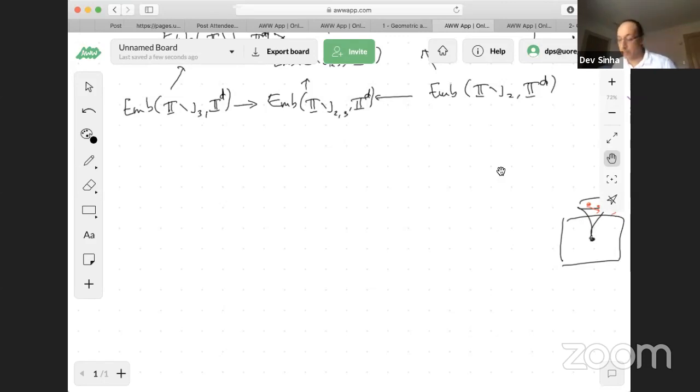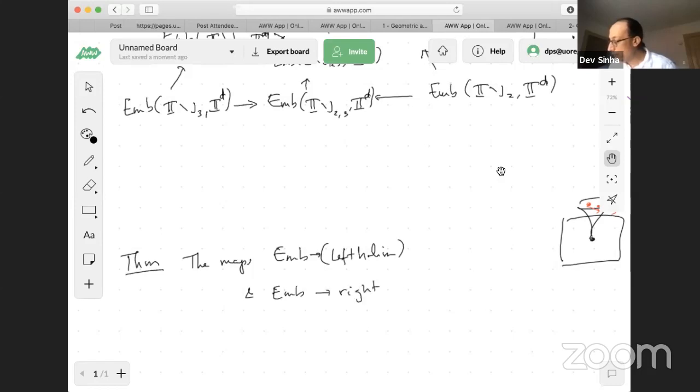Let's see, let me get a position. So the theorem is that the maps from the embedding space to the left homotopy limit and embedding space to the right homotopy limit, not left and right as in functors, but just I've got a subcubical diagram on the left, namely these punctured embedding spaces, or on the right, these are the configurations, that these agree in the homotopy category.